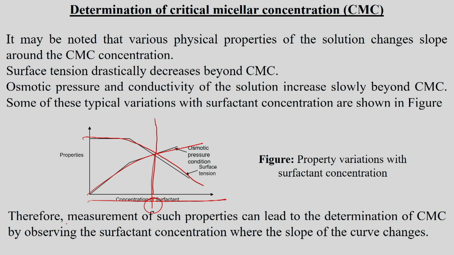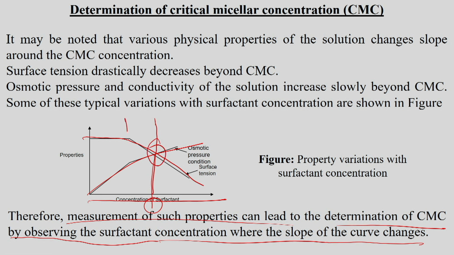Therefore, the measurement of such properties can lead to the determination of CMC by observing the surfactant concentration where the slope of the curve changes, or where an abrupt change in the property takes place. Sometimes when these different properties intersect each other, that will also be the CMC value.